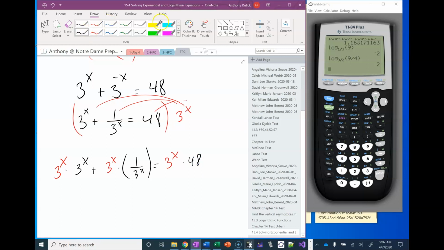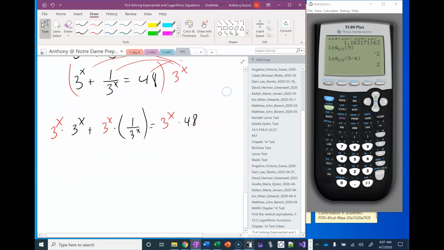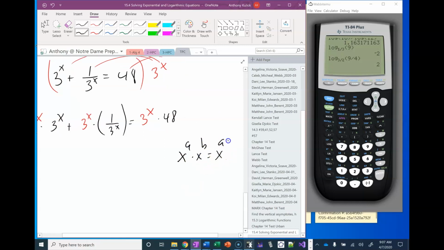Now if I multiply these together, I can multiply 3 to the x and 3 to the x together. Remember that when we multiply exponentials, x to the a times x to the b is equal to x to the a plus b.